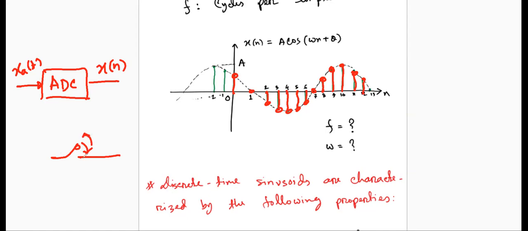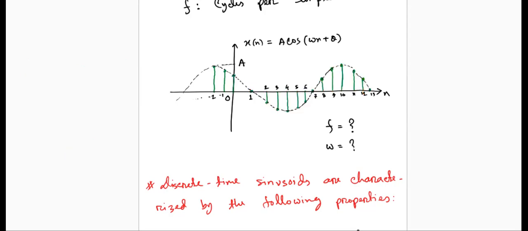Whenever you connect the circuit, you get the data, and whenever you open it, there is a missing of data. So you don't have any data in between two samples. You don't have any information. So that is definitely a shortcoming of the digital or the discrete signal.